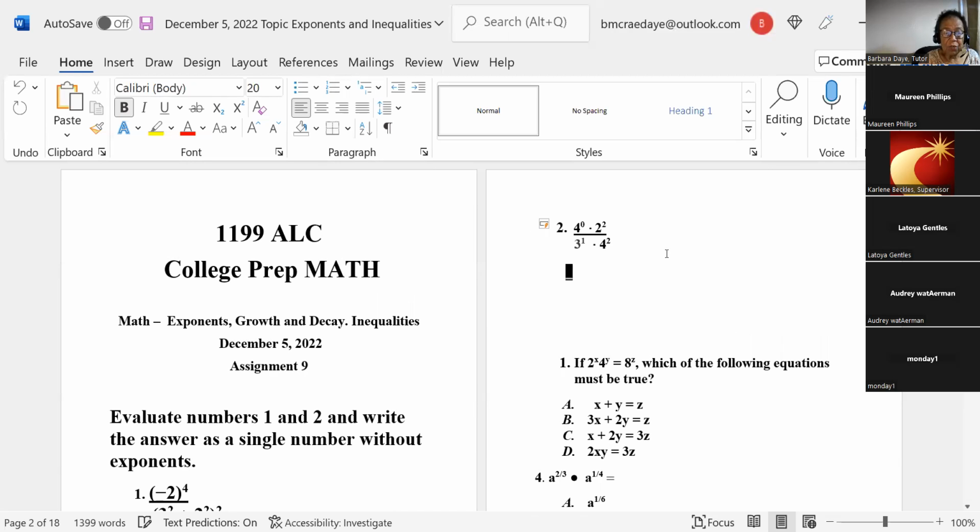What's 4 to the 0 power, Maureen? Any number to the 0 power is what? No, 1. Right. Any number or variable to the 0 power is 1. So that would be 1. And I'll put an asterisk here.